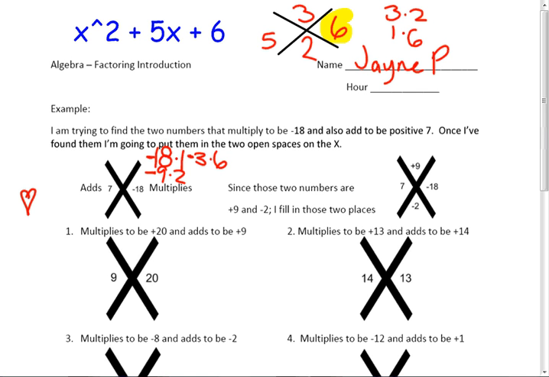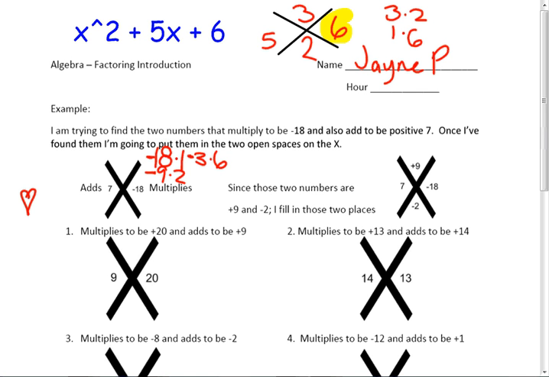What's a negative 9 and a positive 2? We did that right. If I add a negative 9 and a positive 2, I get negative 7. I don't want negative 7. I want positive 7.